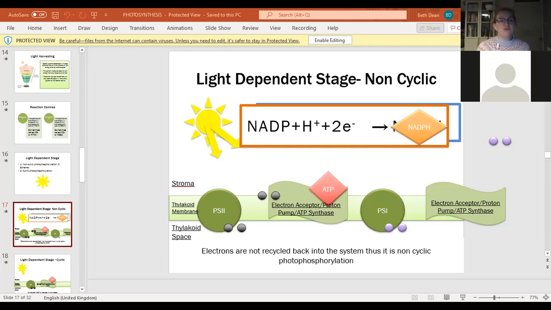But most of the triose phosphate is actually recycled, and we use it to make more RuBP. So now you can see how it's this cyclical process. To make more RuBP, ATP is converted to ADP and phosphate in this process.